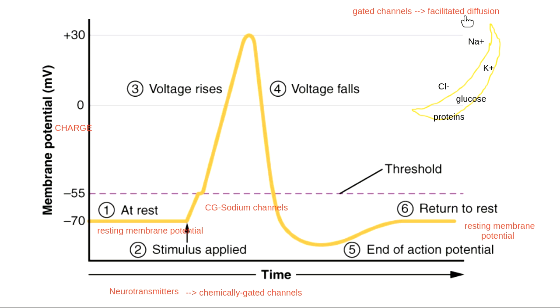When I open up a chemically gated sodium channel, which way does sodium want to move, in or out? Exactly. Sodium wants to go in. We're doing facilitated diffusion, right? We can only go from where there's a lot of me to where there's a little bit of me. When I open up a chemically gated sodium channel, sodium rushes into the cell.